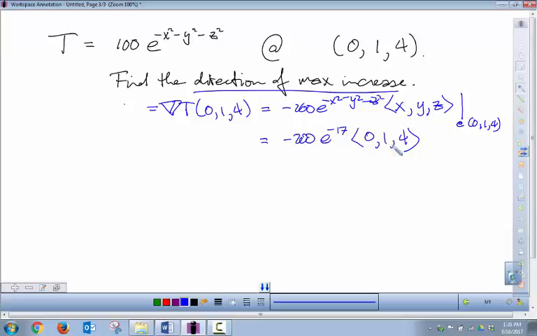Or you can distribute that negative 200 e to the negative 17 throughout the different components of the vector. So this is the direction that you would go towards. It looks like it's the negative of the point. So it looks like if you just go towards the origin, that's where, if we're talking about temperature, the heat source is, it looks like.